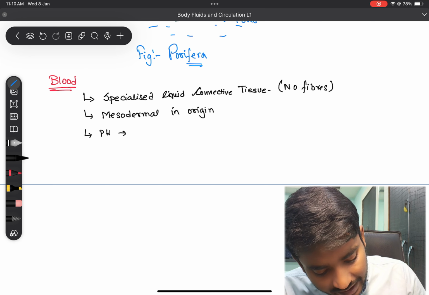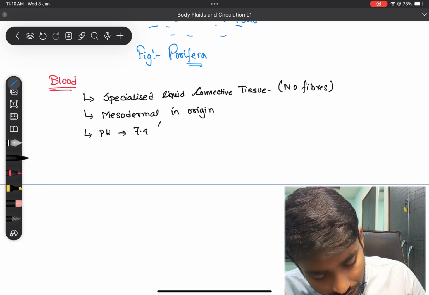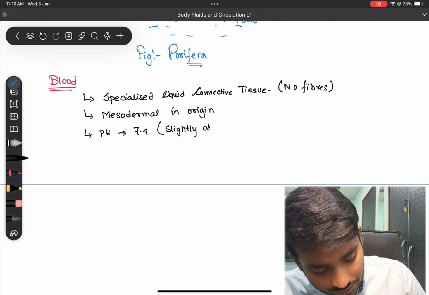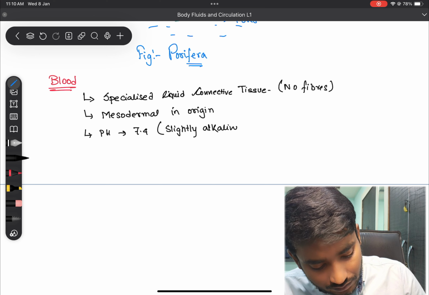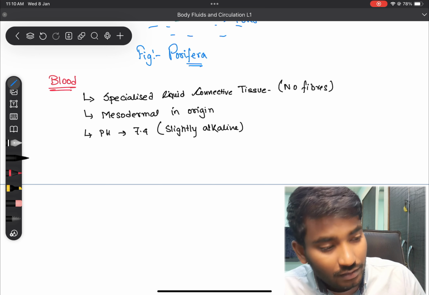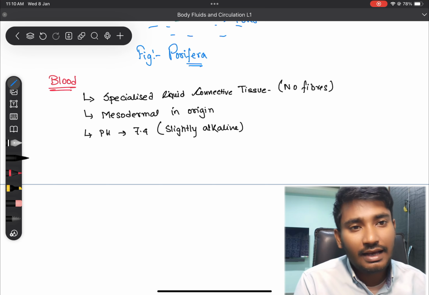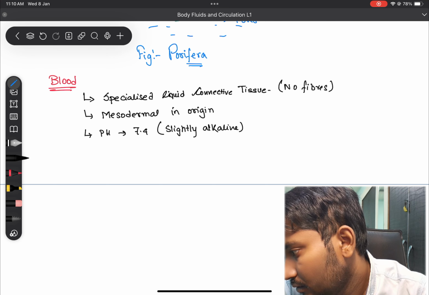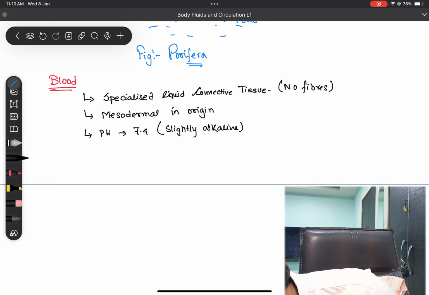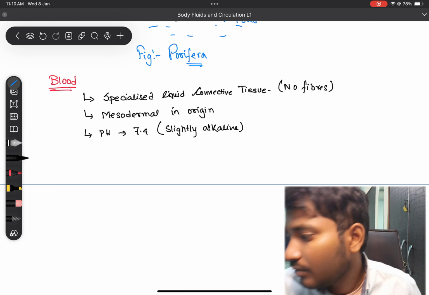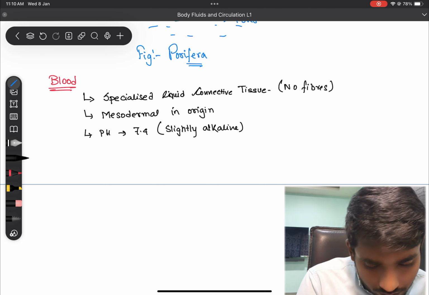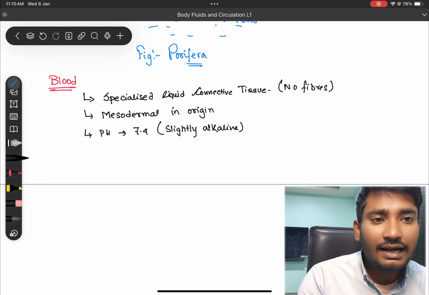It maintains a pH of 7.4, that is, it is slightly alkaline.